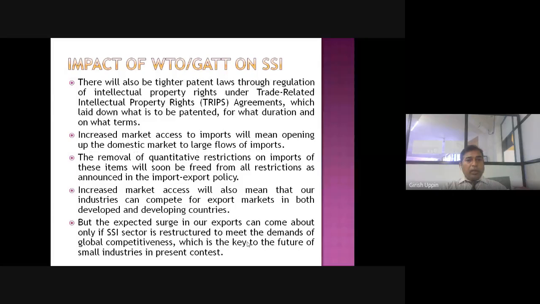There will also be tighter patent laws through the regulation of intellectual property rights under the trade-related intellectual property rights agreements, which laid down what is to be patented, for what duration and on what terms. Also, there was a greater restriction on the patent laws, and the WTO will decide what is to be patented and for what duration, how long it can be patented.